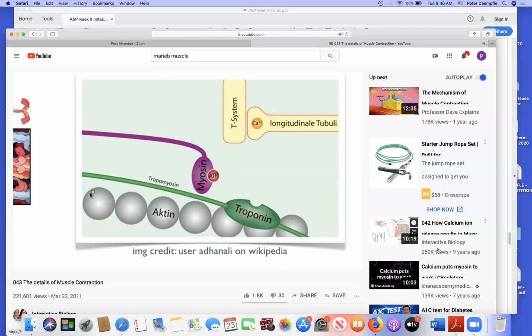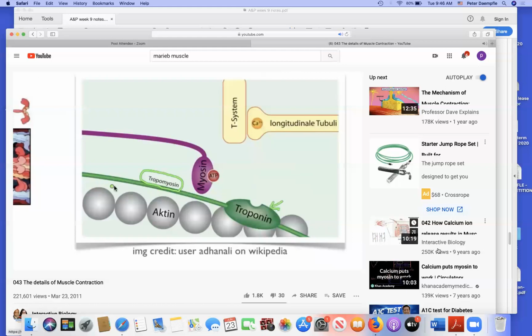But on the actin filaments, there are 2 things that are very important. We have tropomyosin, as you see here. So that's this long strand here. And on top of the tropomyosin, we have troponin. And this is a complex that we find all along the actin filaments.